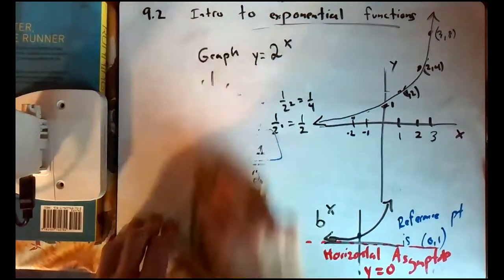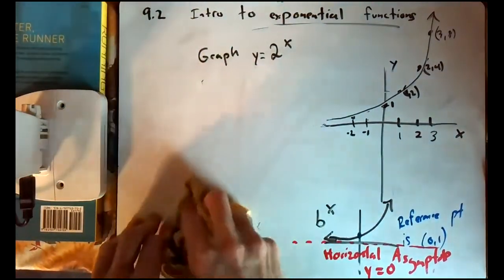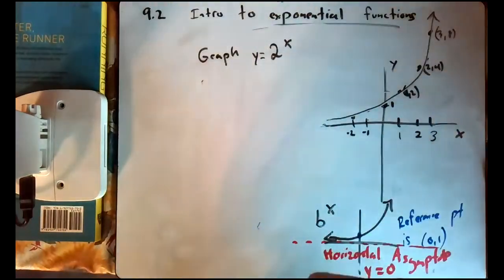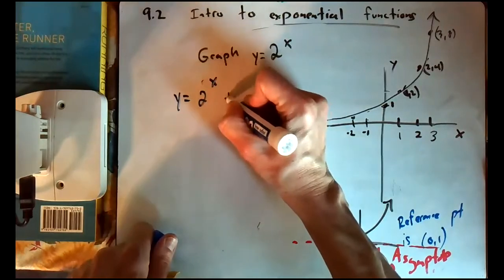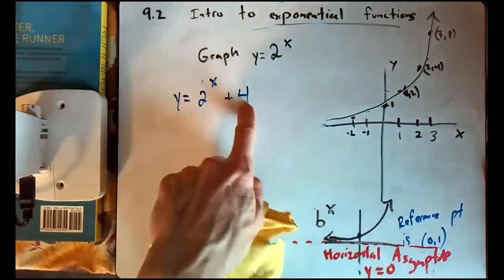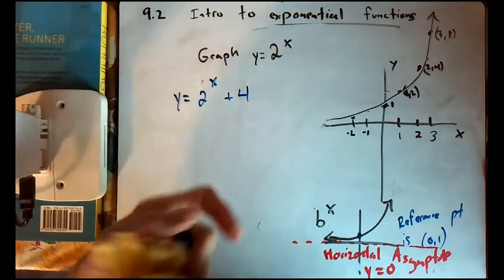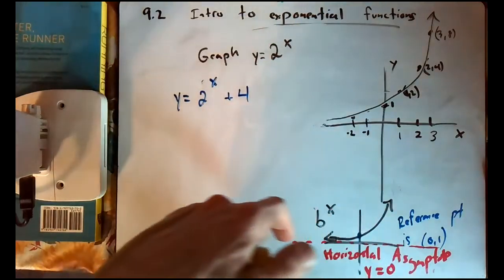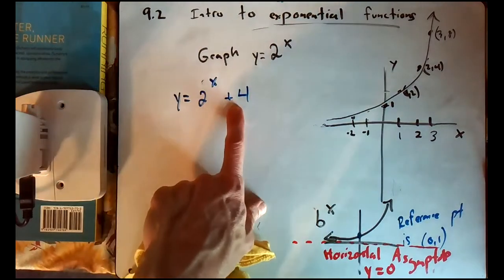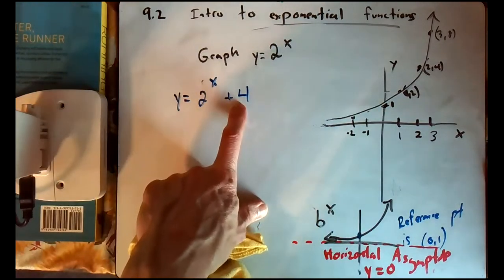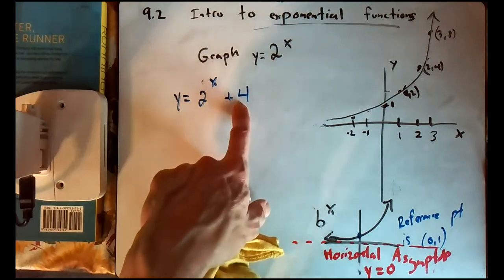So like, let's say, for example, we want to graph y equals 2 to the x plus 4. Remember the transformation rules when you had numbers trapped inside of the x, outside of the x, like that? It's the same rules right here. This 4 is not trapped inside with the x. So remember, numbers that weren't trapped inside, that was some kind of vertical shift.